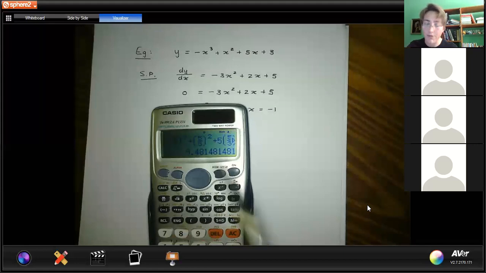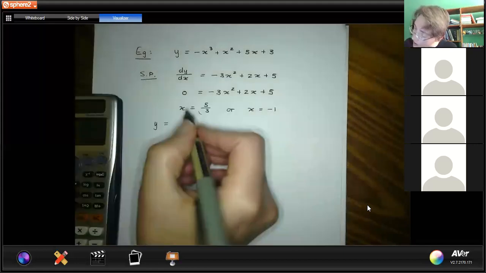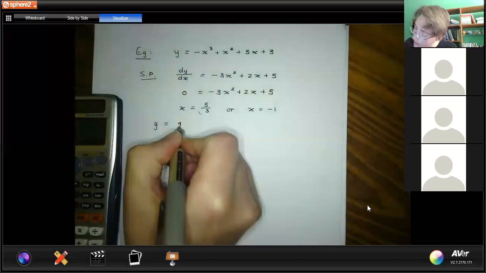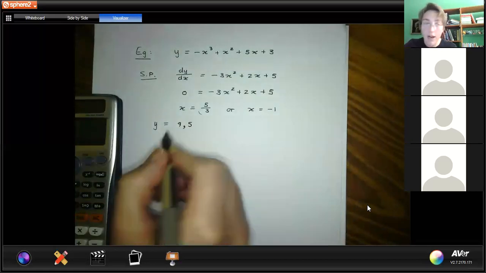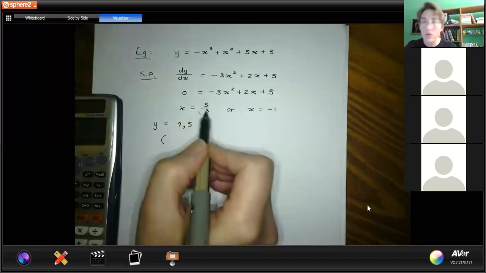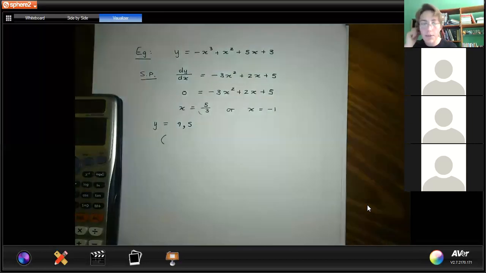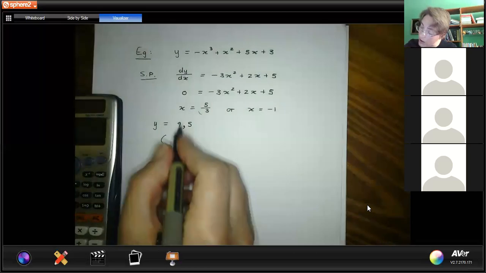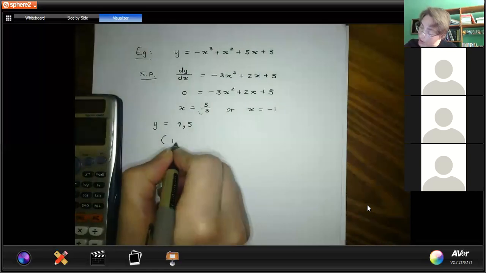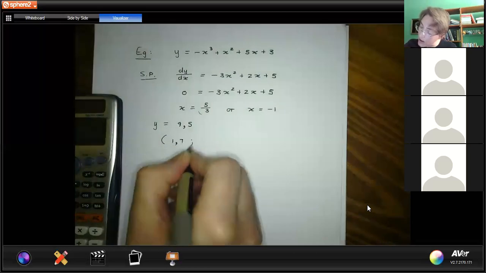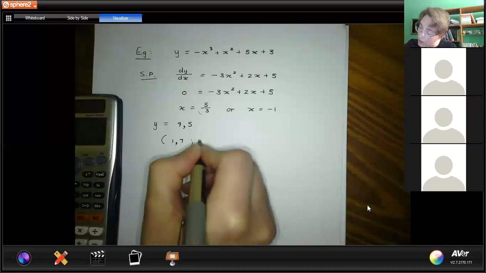So 9.5. Okay, so this x is 5 over 3, which if you press it on your calculator is 1 and 2/3, so that's 1.7 if you round it off to 1 decimal place. 1.7, 9.5, that's the first turning point.